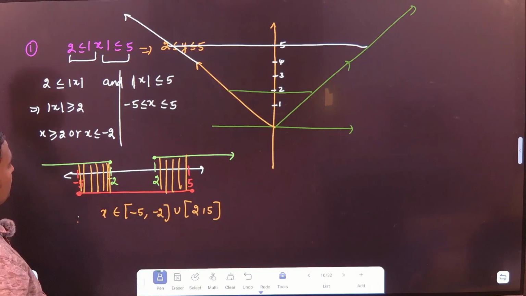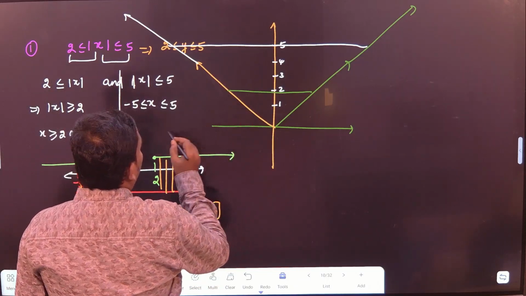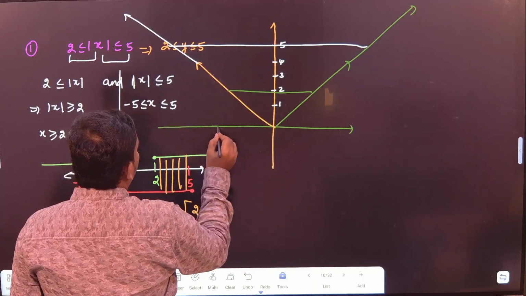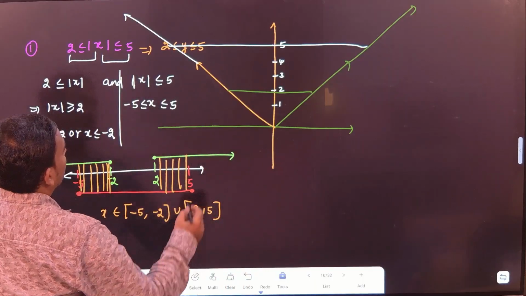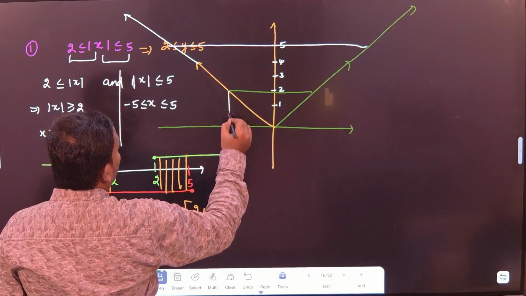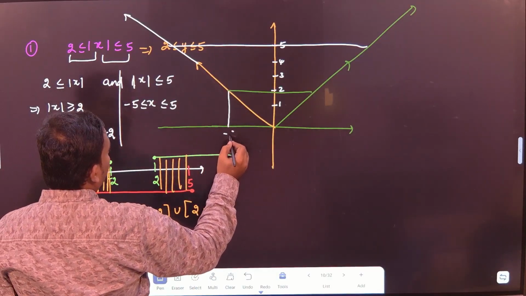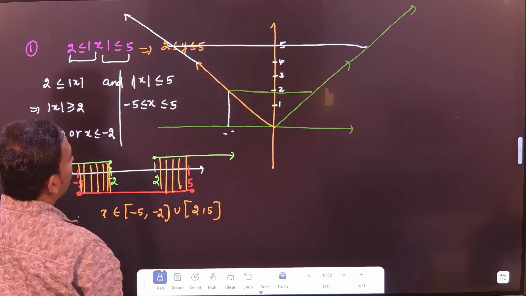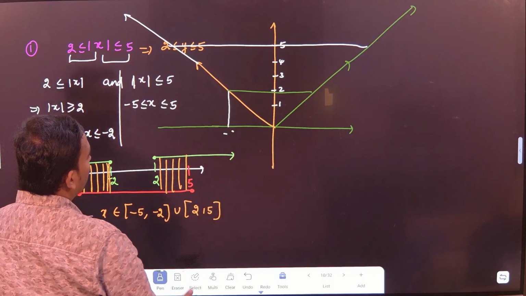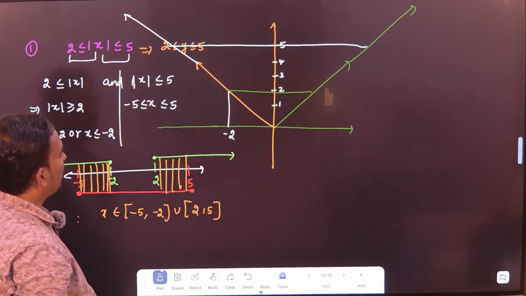So where the x values lie? Minus 5 to minus 2. Definitely this would be minus 2, right? Suppose when you take minus 2, the output mod minus 2 will be 2, right?